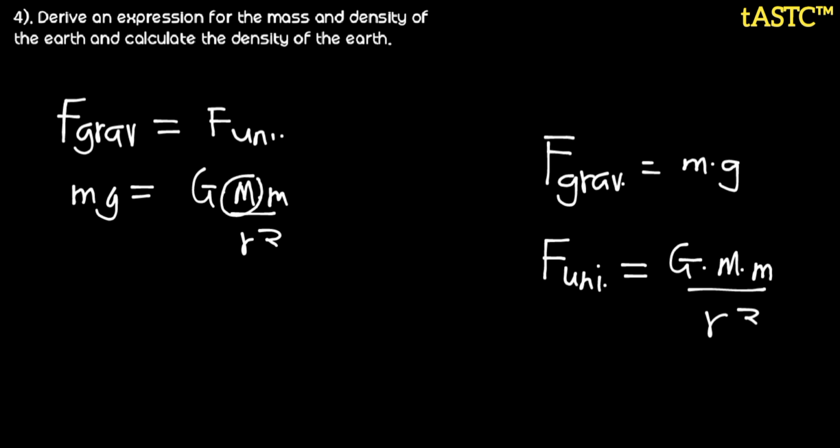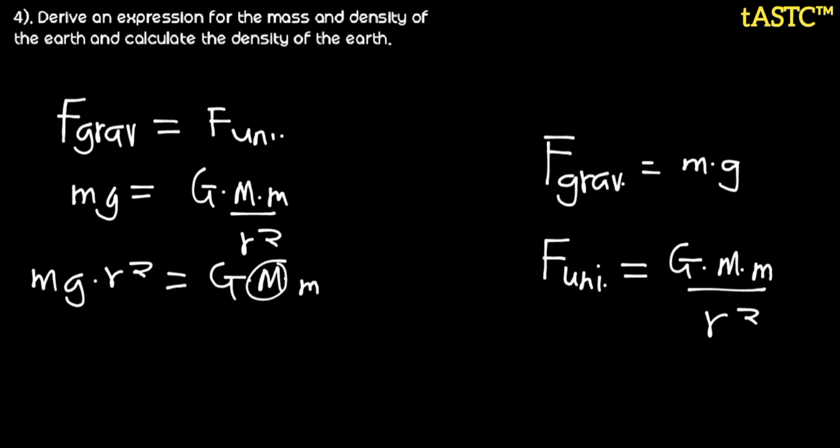Now we want to find out what this mass is, because that is what we are required to find out. We need to find the mass of the Earth, so we can use this method to do that. Now I need to cross multiply, so this gives us m multiplied by g multiplied by r squared, equal to G multiplied by uppercase M and small m.